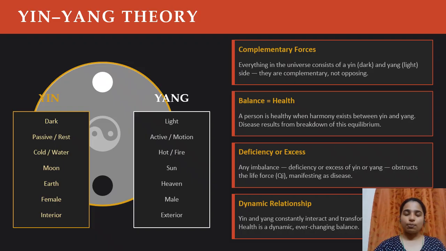Both are complementary forces, not opposing forces. Any imbalance in the yin-yang equilibrium can lead to disease, which happens due to the obstruction of qi, or the life force. Now coming to the qi.